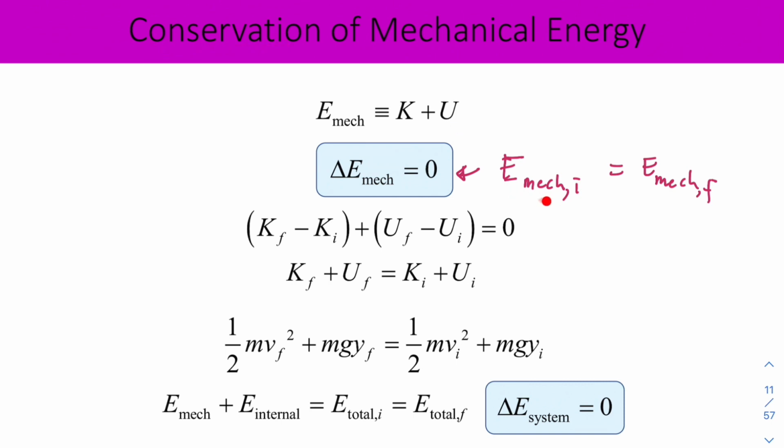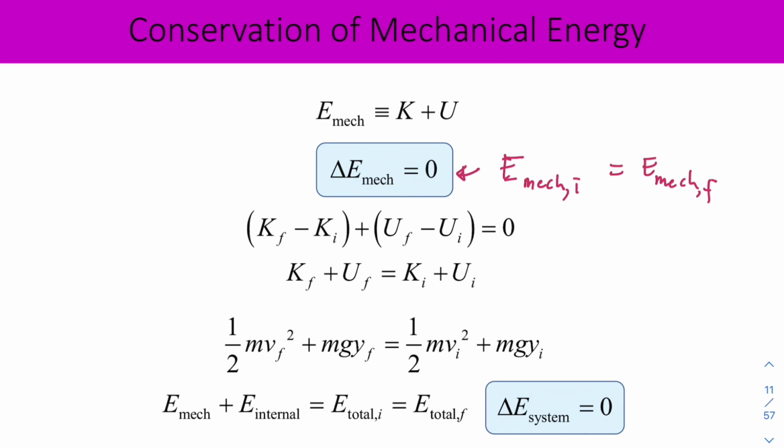Talking about conservation, it means that E mechanical initial must be equivalent to E mechanical final. We cannot have addition of it or reduction of it. It must be equal. That is how the change in mechanical energy is equivalent to 0, because the change is mechanical energy final minus mechanical energy initial. It must be equivalent to 0.